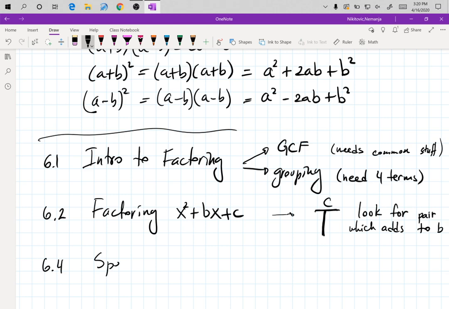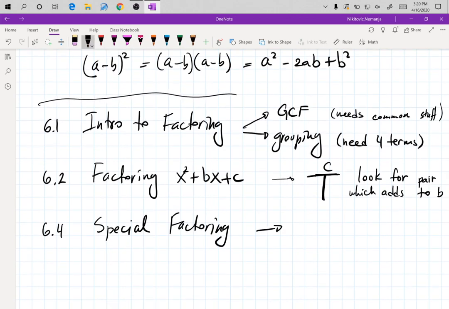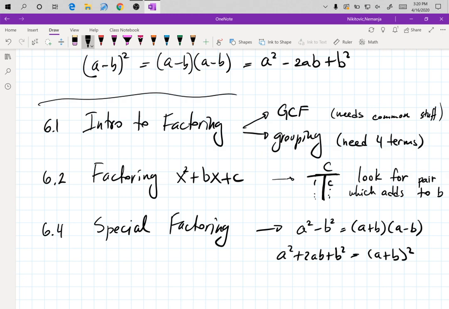6.4, special factoring. We did this one on Tuesday, 2 days ago. This is where you have those 4 options. So over here is factoring like 1 and c, and this one has the 3 formulas: the difference of squares, which was (a plus b)(a minus b), and then a squared plus 2ab plus b squared gives you (a plus b) squared.